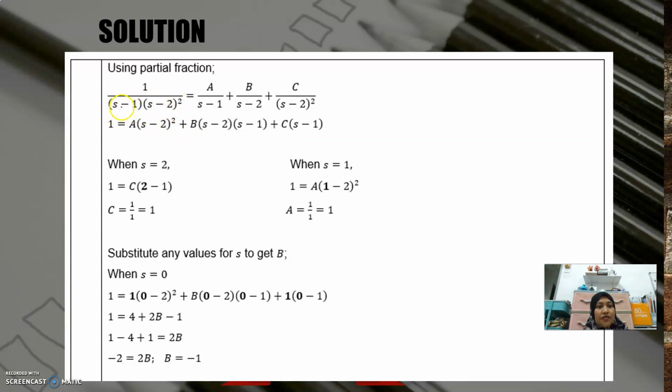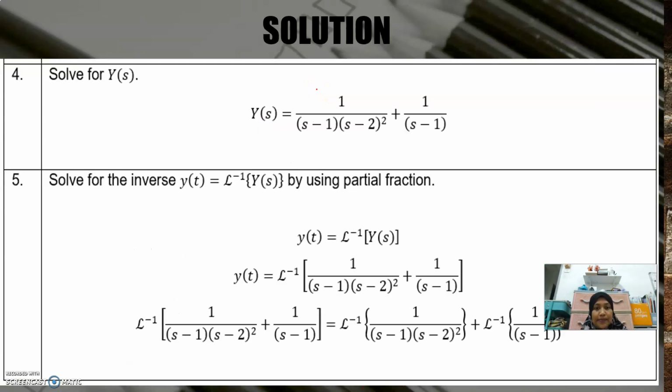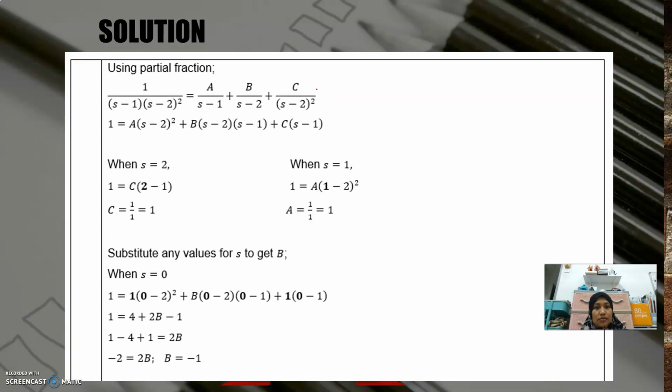You need to know what the values are. By referring to the denominator, we need to know the values for A, B, and C. So by using the substitution method, let s equal to 2 when we want to find C, and when we want to find A, we let s equal to 1. And C we will get 1, and A also we get 1.